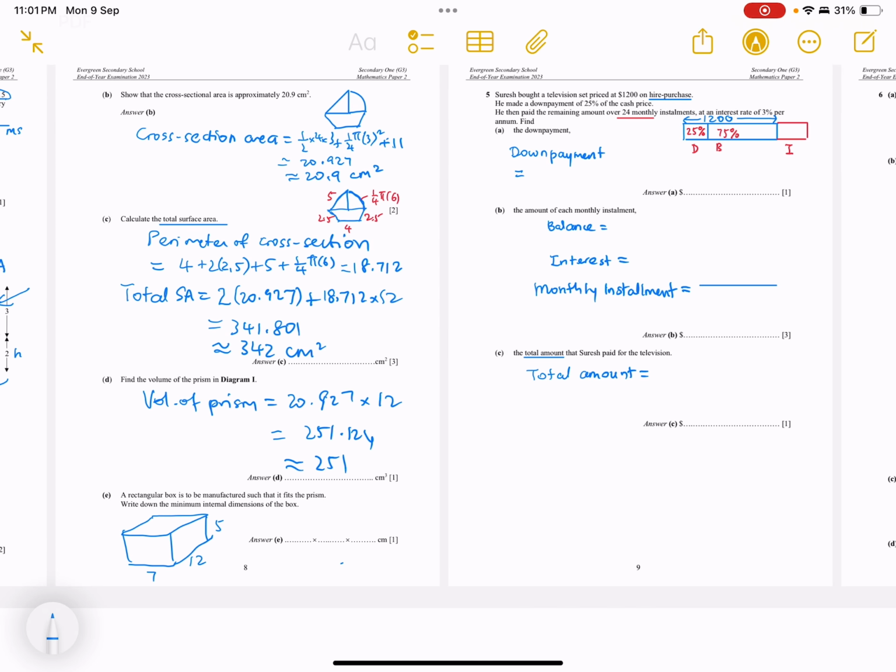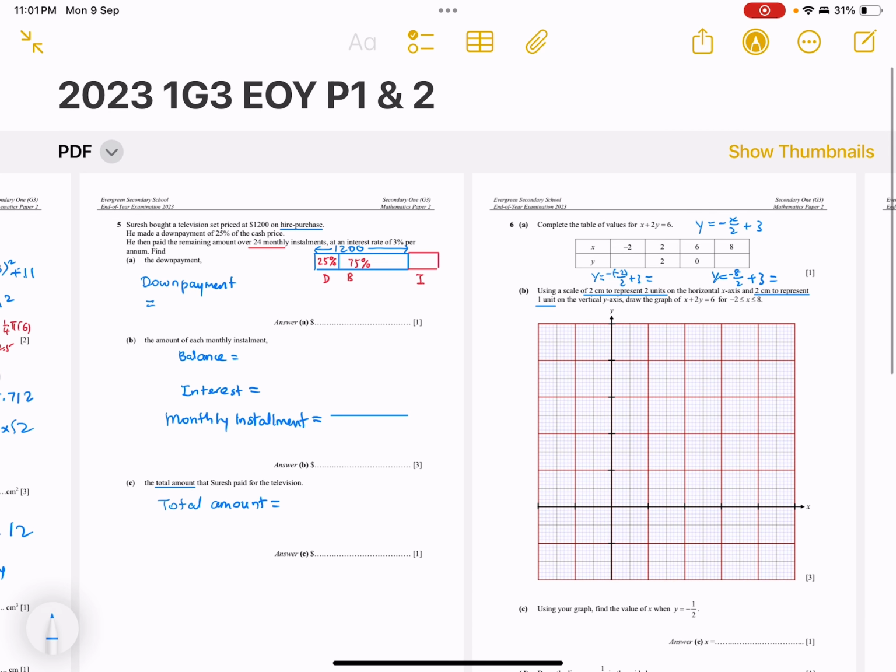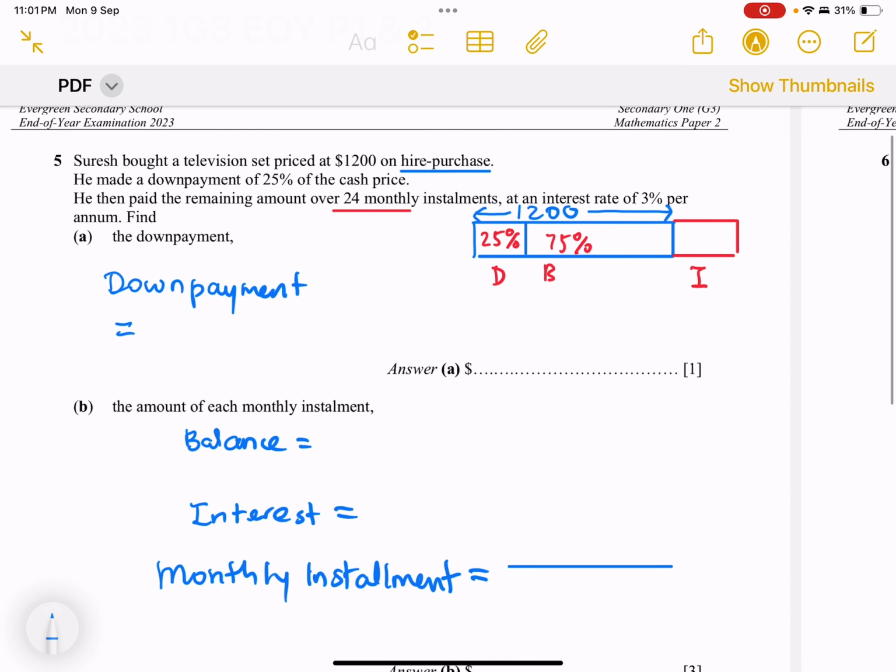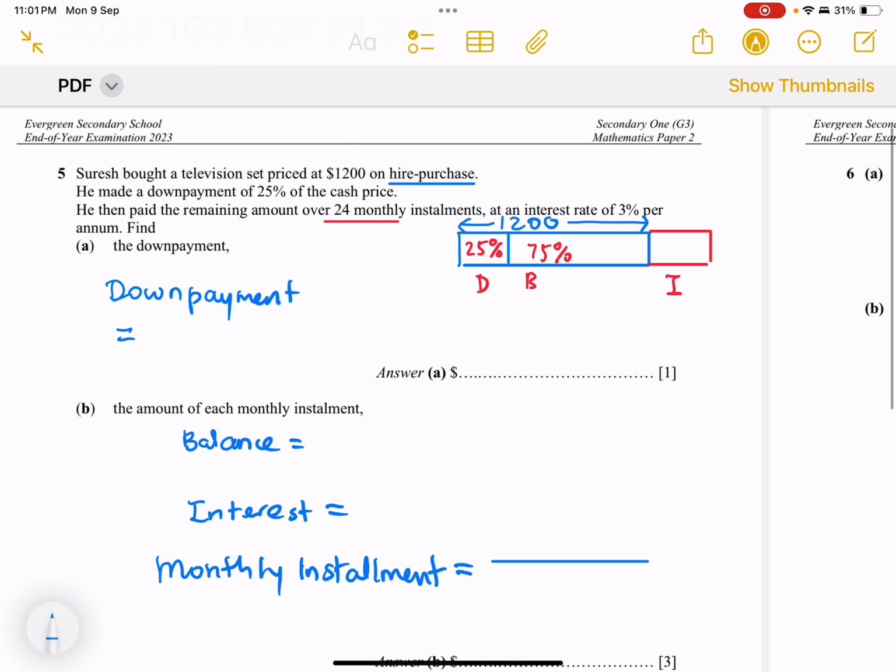Right, next we have a sum on hire purchase. So whenever we have hire purchase, we have this diagram here, DBI. D is the down payment or the deposit, which is 25%, and the balance, right, after minusing the 25%, the balance is 75%, and then the interest is worked on the balance.